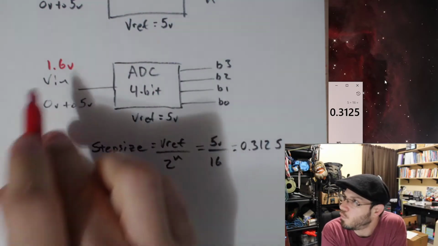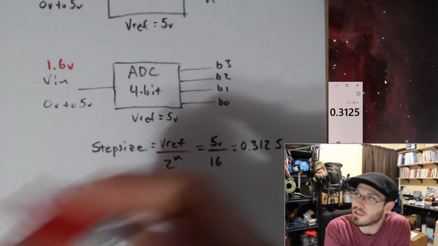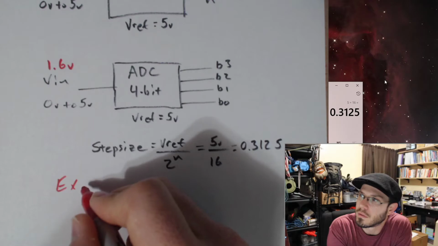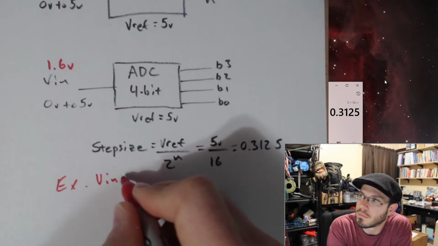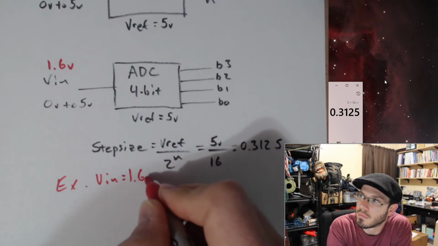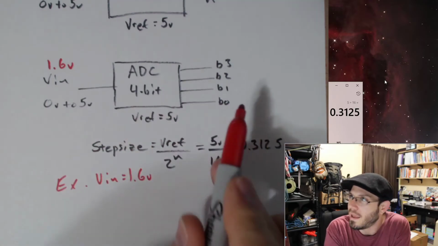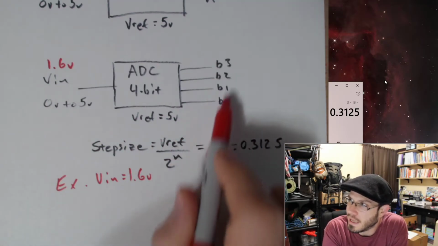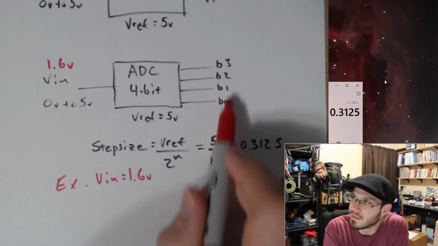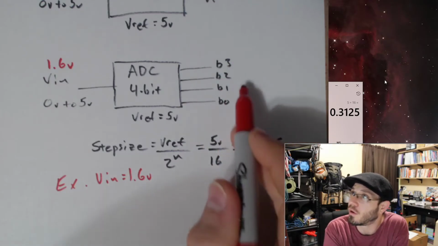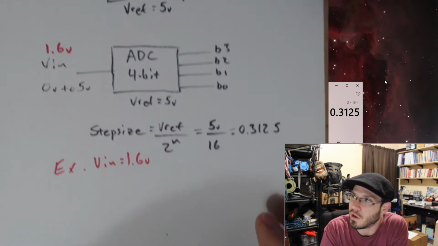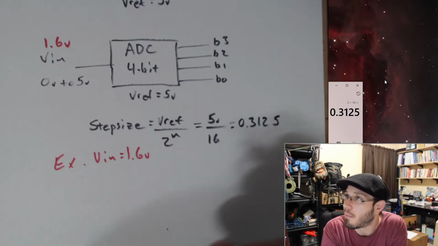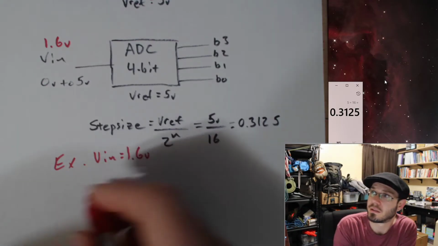And with a VIN of 1.6 volts, just for example, what value numerically would that be converted to in a digital output over here from our analog to digital converter? Well, to do that, we just take our VIN and divide that by your step size.